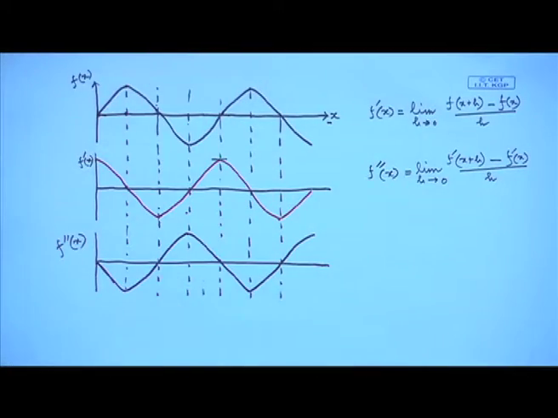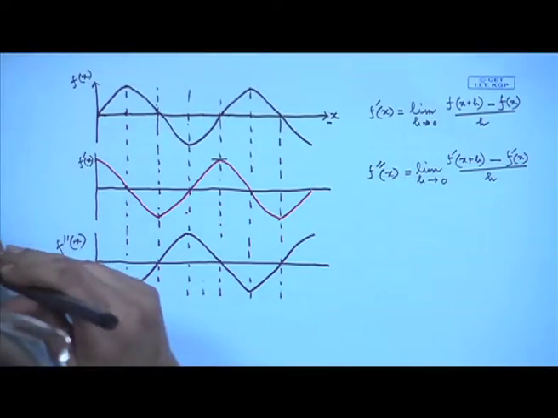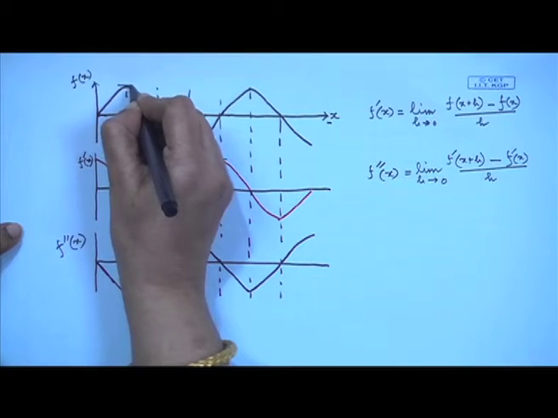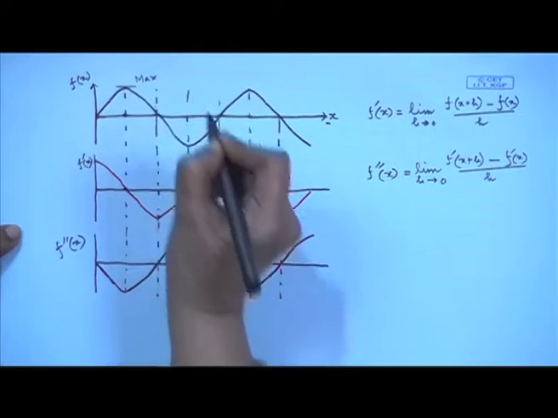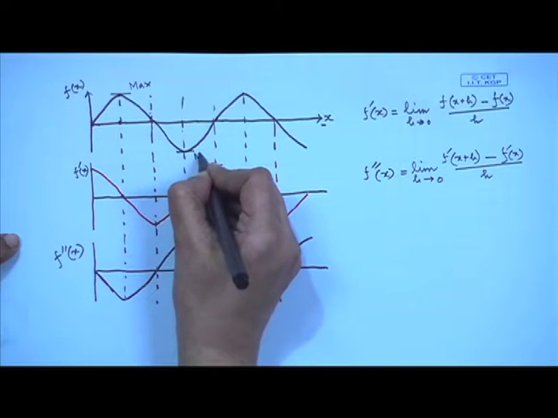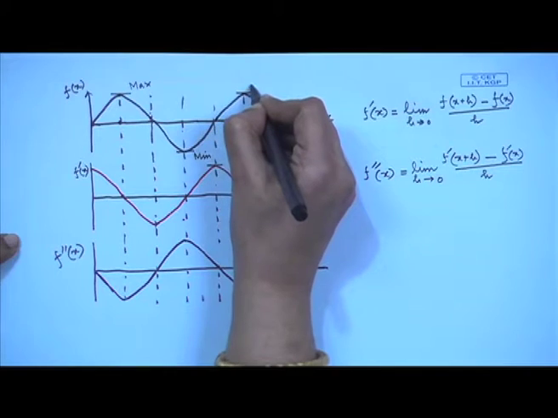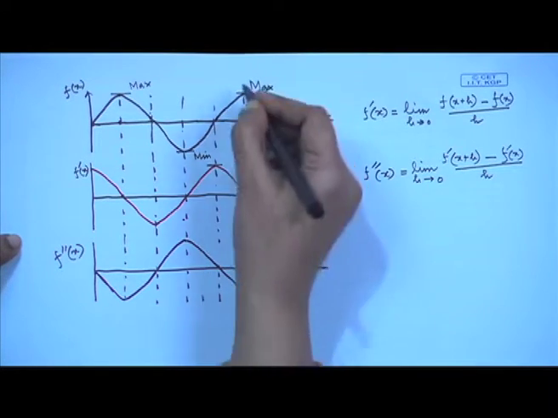What is the nice thing you are noticing here? If I consider the original function f(x), this function has local and global minimum, local and global maximum, because I have defined the local minimum and the local maximum earlier. That is why I can say here is one local maximum, here is one local minimum, here is again a local maximum, that way.